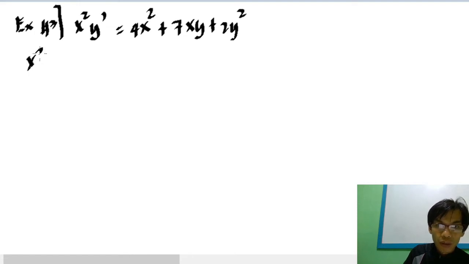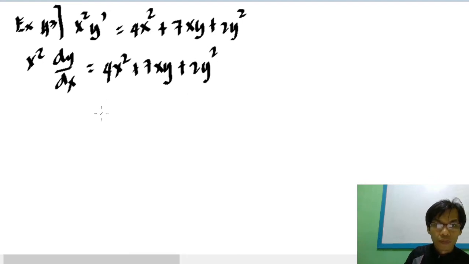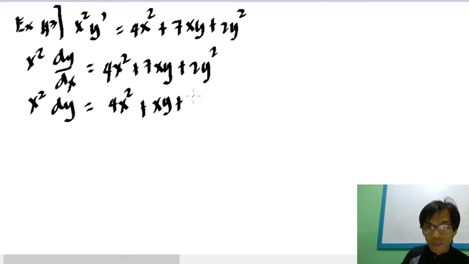So we substitute it into the problem. We have x squared times dy over dx equals 4x squared plus 7xy plus 2y squared. Simplifying this equation, we have x squared dy is equal to (4x squared plus 7xy plus 2y squared) dx.